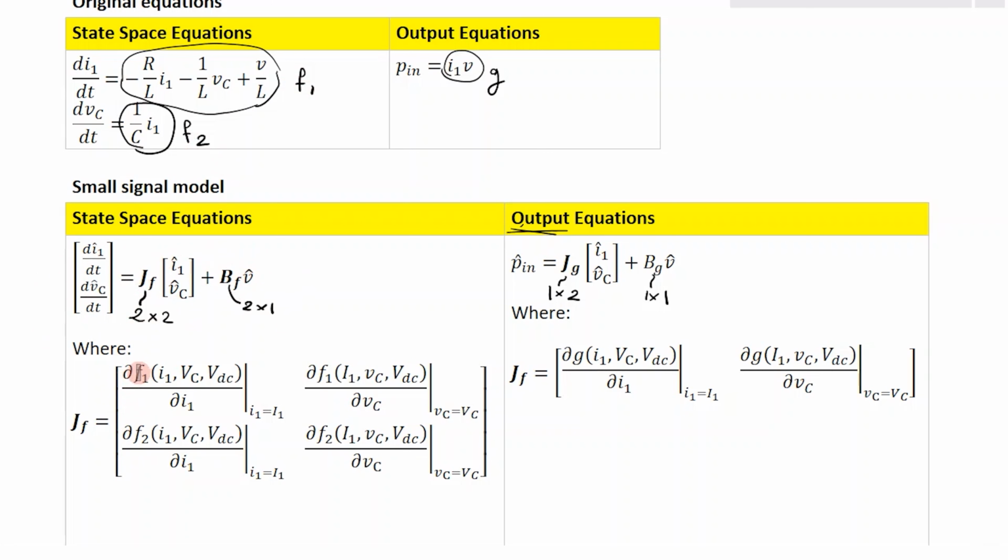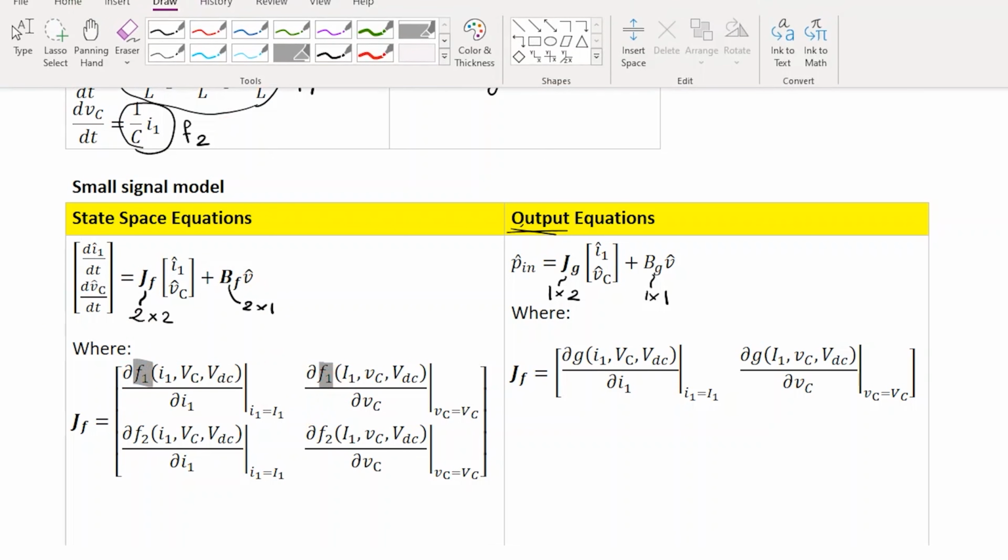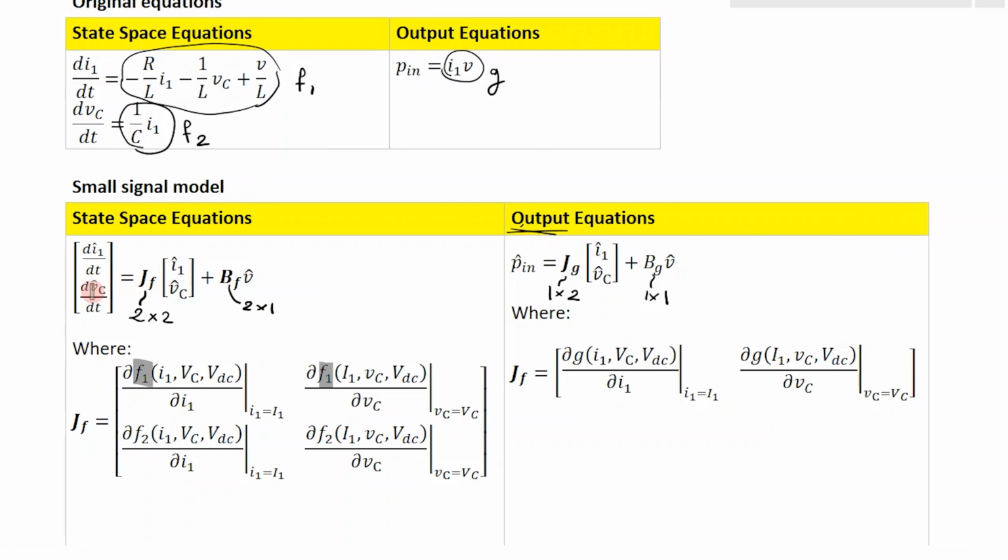Let me show you. So f1 would be in the first row because this is the one that's involved in this equation. So we have f1 here, f1 here. And f2 would be, let me just use the same highlighter, f2 would be in the second row. This one and this one.